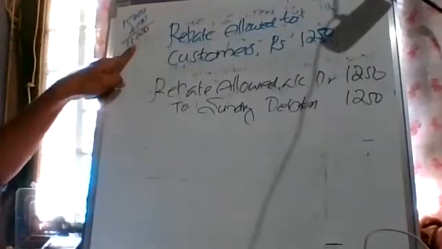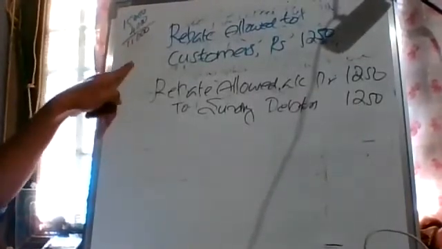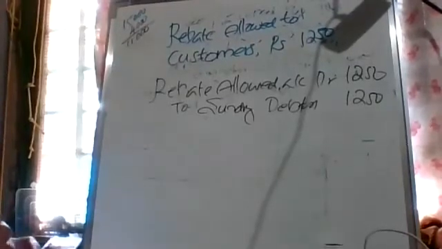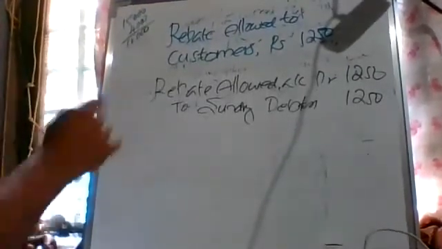At present, 11,000. Again, this amount is going to be reduced, isn't it? Yes, sir. Okay. So will we add or deduct 1,250? Deduct, sir.